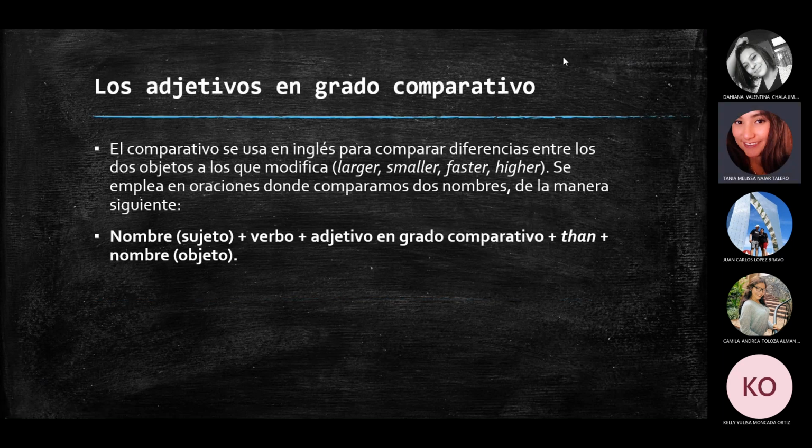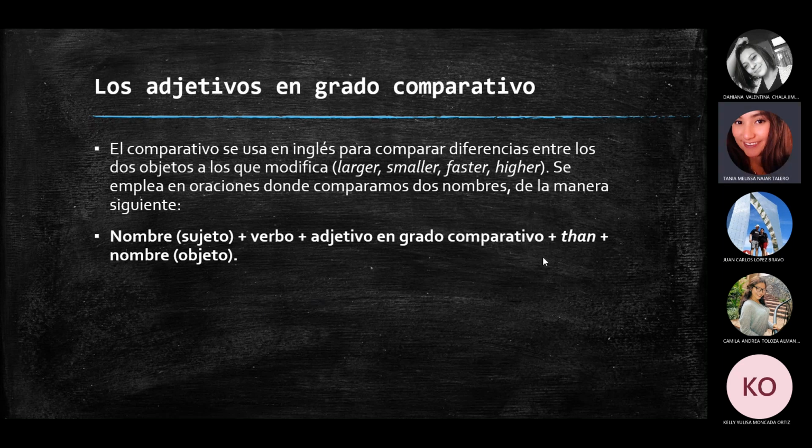Now, here we go with this part. We have the subject plus verb plus adjective in the comparative grade, plus then, plus the name of the object or the complement. Okay, so what is the meaning of the word then?